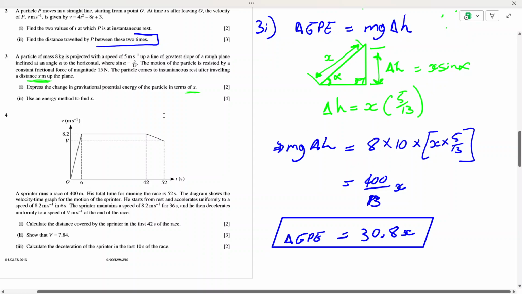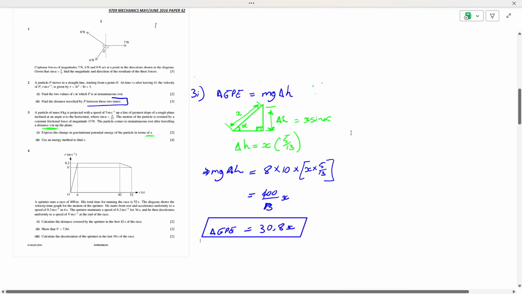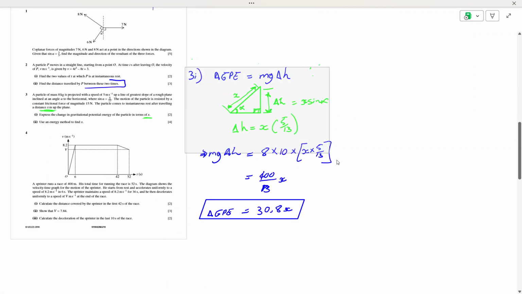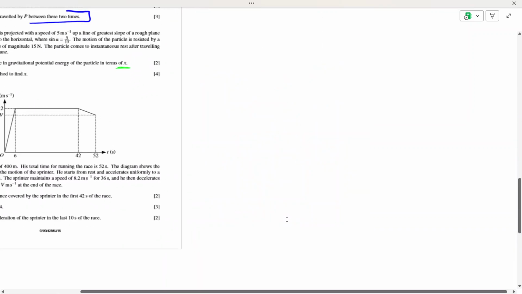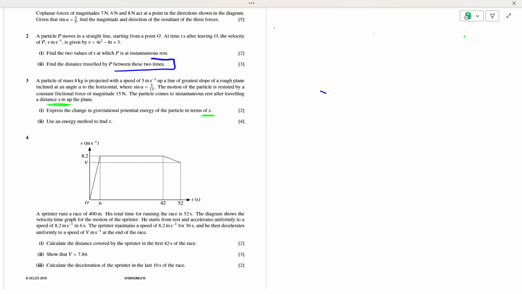Use an energy method to find x. So the energy method that we use here is like this. Let me show you. You're supposed to know that energy in this system is not lost. So energy in is equal to energy out.